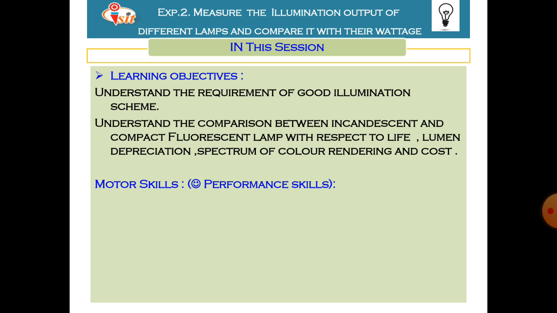It means how we can adopt a good illumination scheme for working areas, depending upon the different types of lamp fittings or lighting fixtures. The lifespan of all the light fittings is very different, and according to that the lumens, the power consumption and the depreciation also vary.